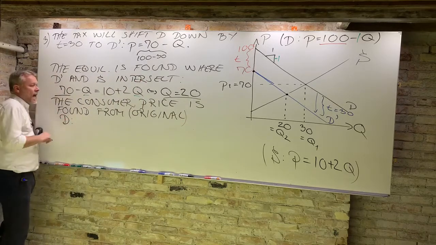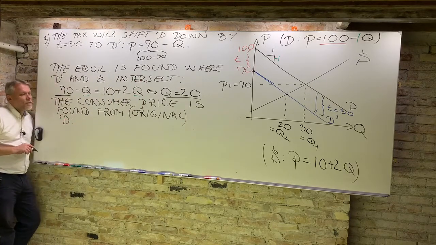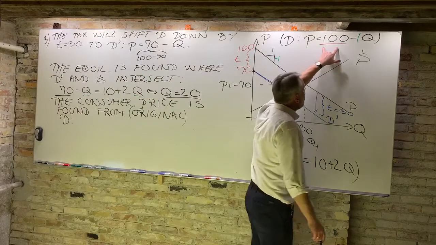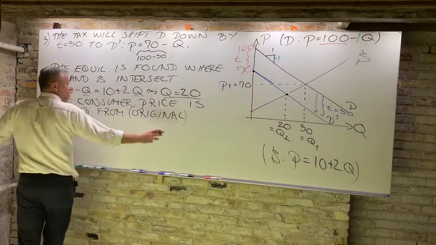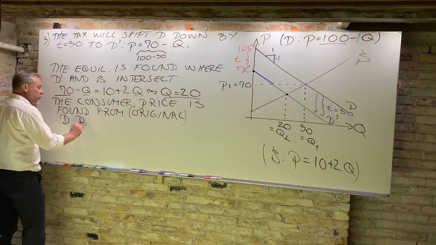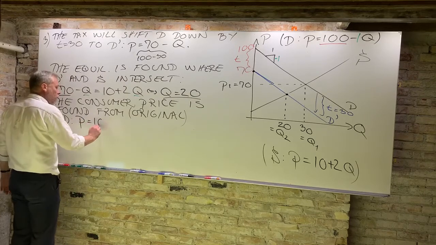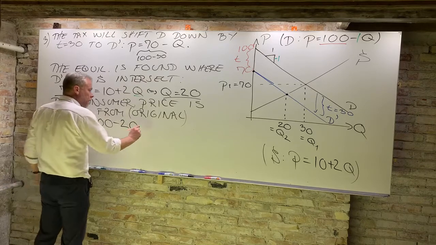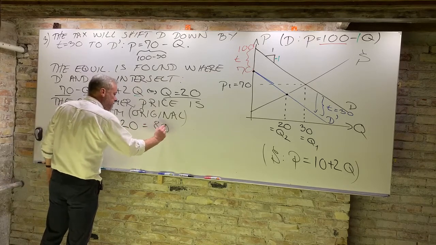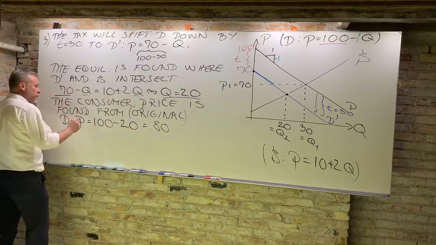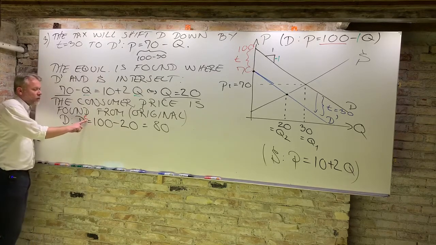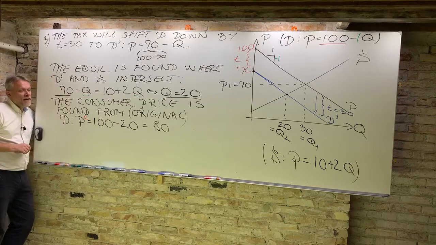And please note, it has to be original demand, or rather original inverse demand. In other words, what you now do is you take your inverse demand curve up here and then you simply plug in the quantity. And if you do that, we will get here 100 minus Q, and we found Q to be 20. If you plug that in, you get 80, and then we put a superscript C here on it, C for consumer. And the only reason why I make it red is for you to pay attention to it.